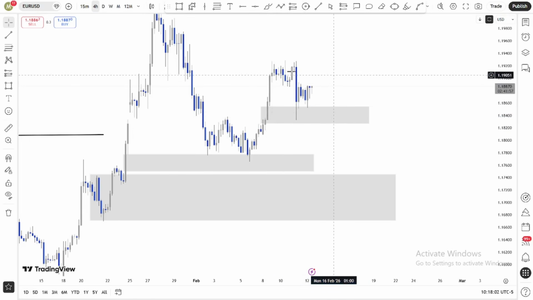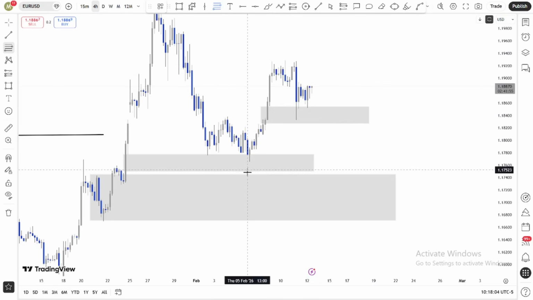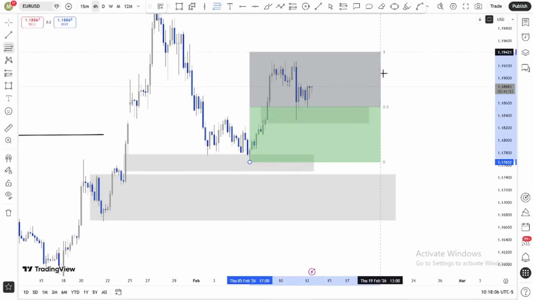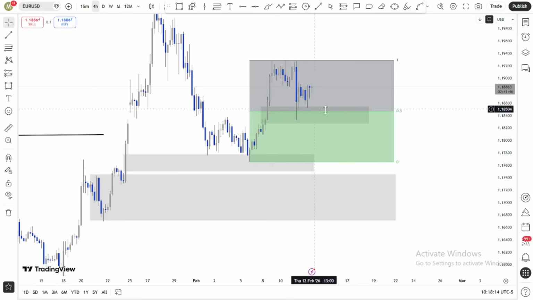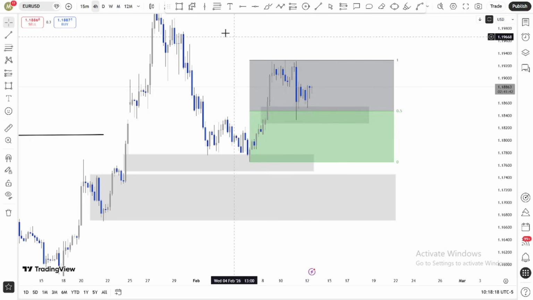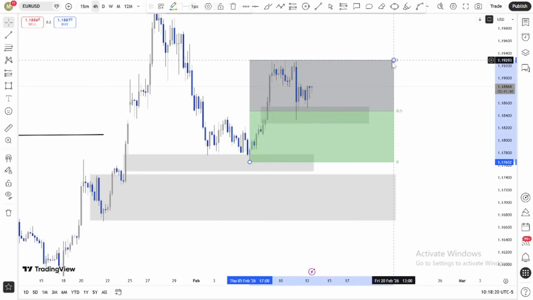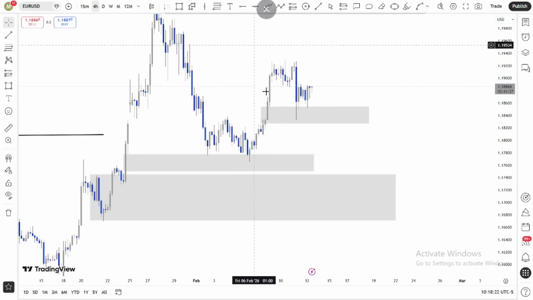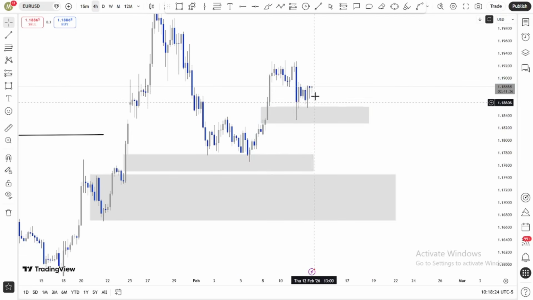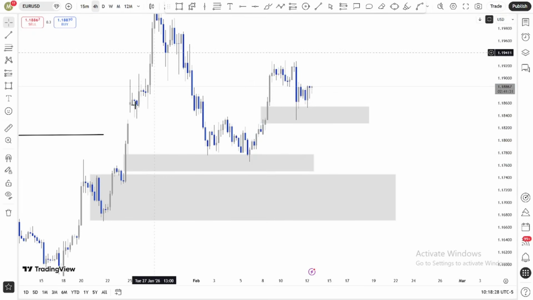And if we use a fib to measure from this low to this high, this is also below the 50%, which we can spot here. So this is where price traded into, tapped into this level, and we are expecting price to continue to the upside, since the overall trend of the market is still to the upside.